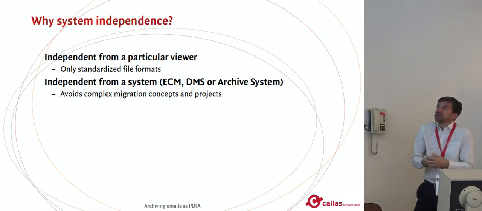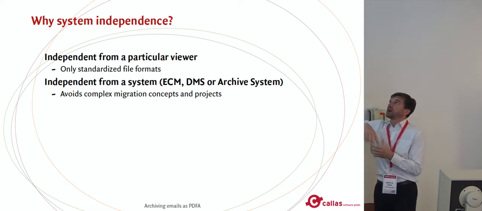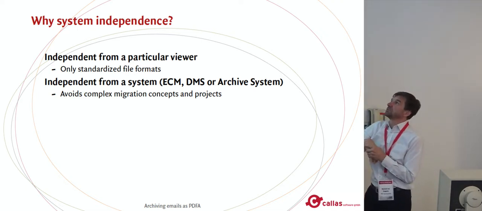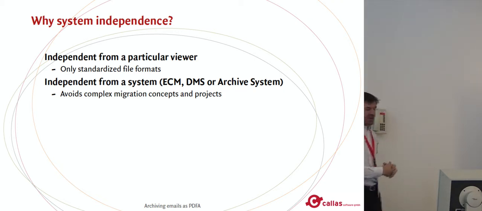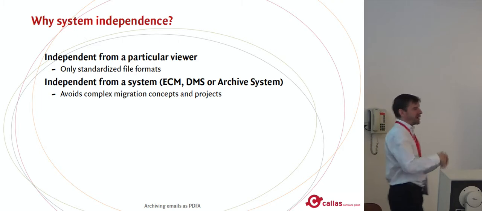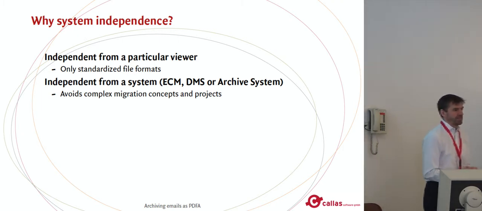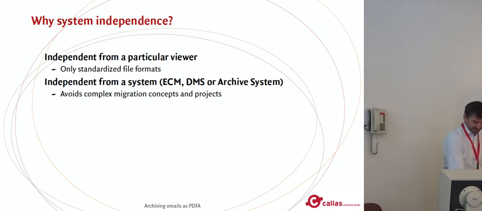And then we can easily, if we need to migrate, because maybe our archive system is not available in 10 years from now, export everything from that archive system and import it into a new one. Is it clear? That makes sense.